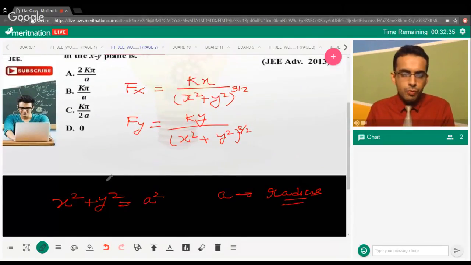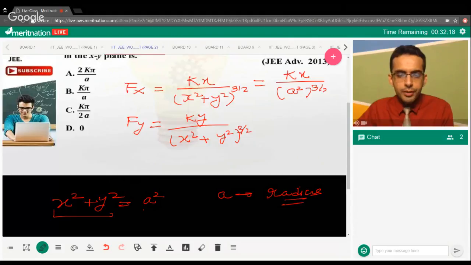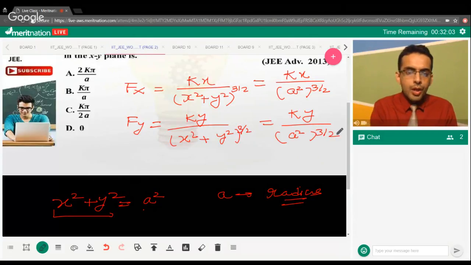Students, what we can do is substitute x square plus y square as a square in the above expressions for the components of the force. So we can write it as kx divided by a square raised to the power of 3 by 2, and the fy component is equal to ky divided by a square raised to the power of 3 by 2.